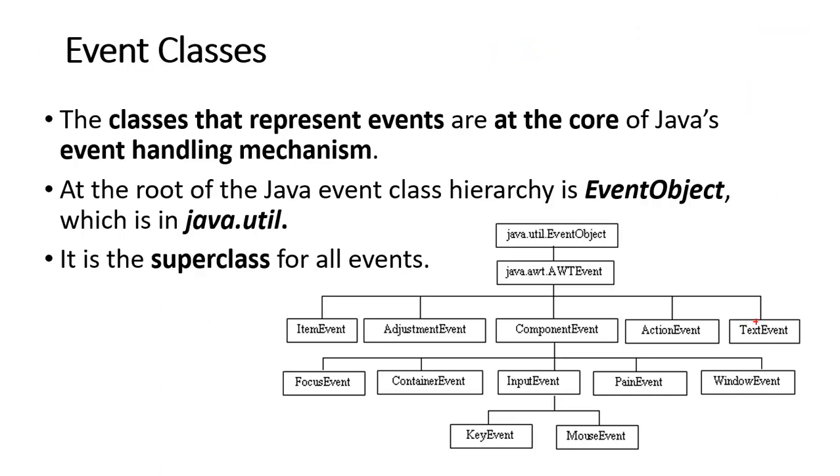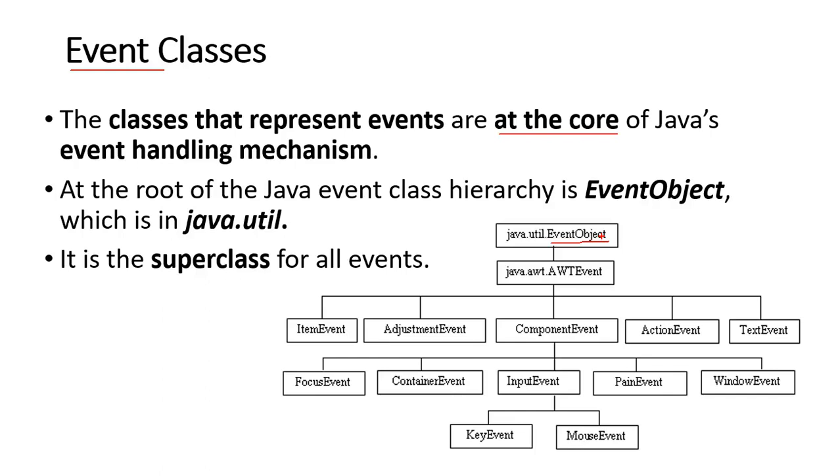So Java has provided some core classes that handle the event. All these classes start from EventObject, which is the base class for all the events. Remember, this is derived from java.lang.Object.